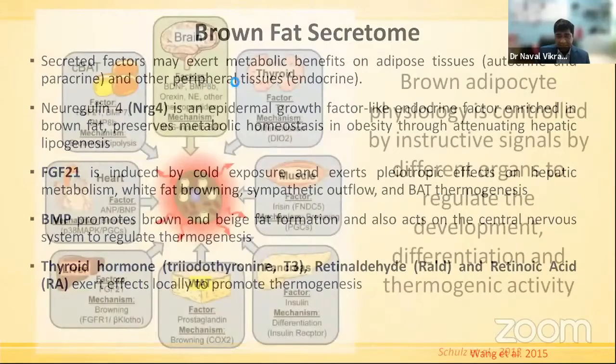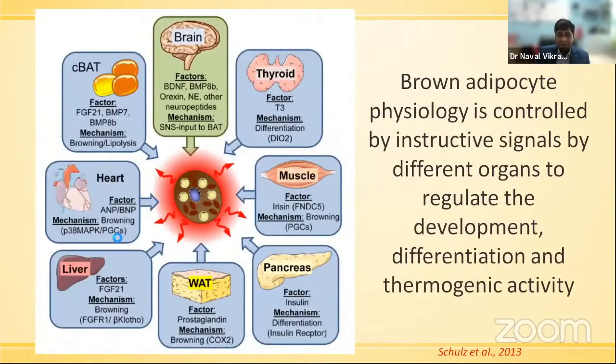As well, the brown adipocyte is affected by several other organs, from brain, thyroid, muscle, pancreas, liver. Several of the factors secreted by these organs also affect the brown adipocyte, and they regulate its development, differentiation, and thermogenic activity.